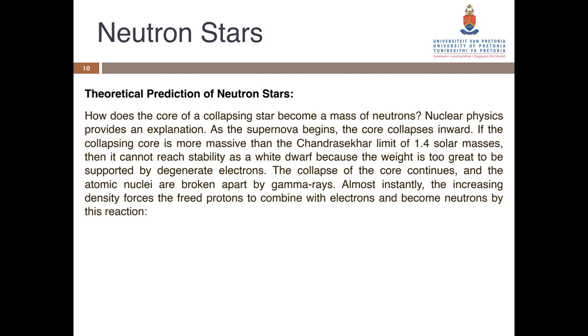The collapse of the core continues, and the atomic nuclei are broken apart by gamma rays. Almost instantly, the increase in density forces the freed protons to combine with electrons and become neutrons by this reaction.